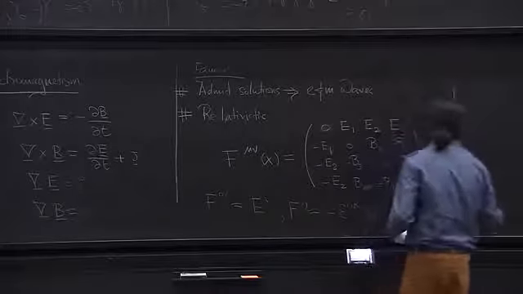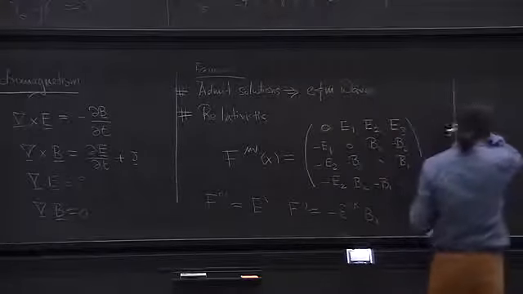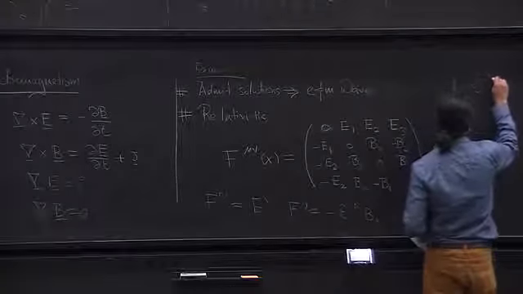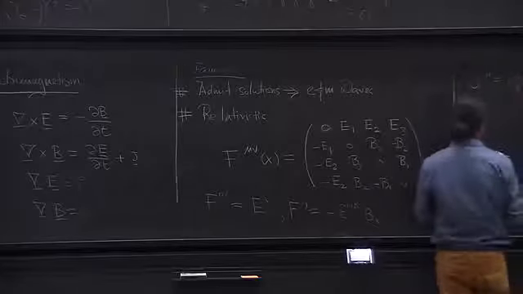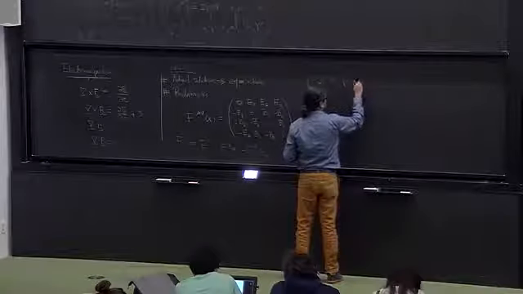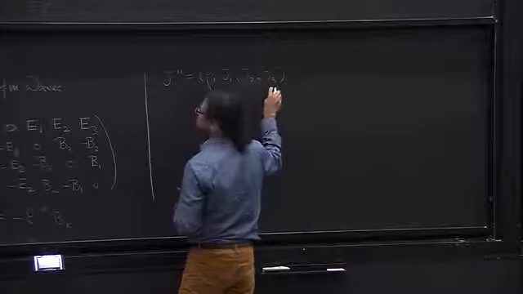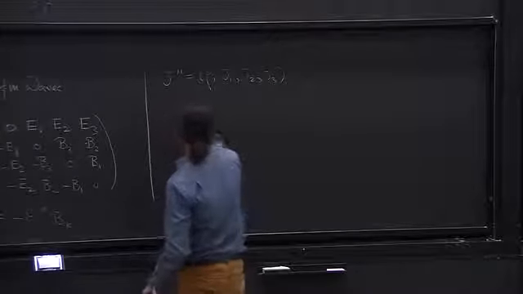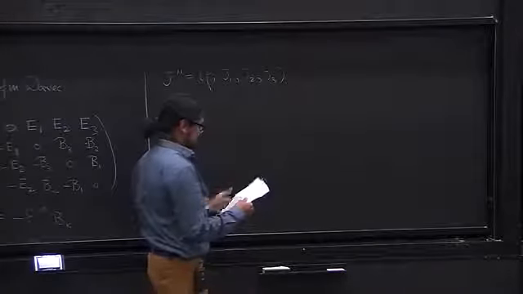We also need to write them in a relativistic form. We also need to express the source as a 4-vector, so that these are the 3 components of the current, and this is the charge density, the 0th part, so these are current densities.